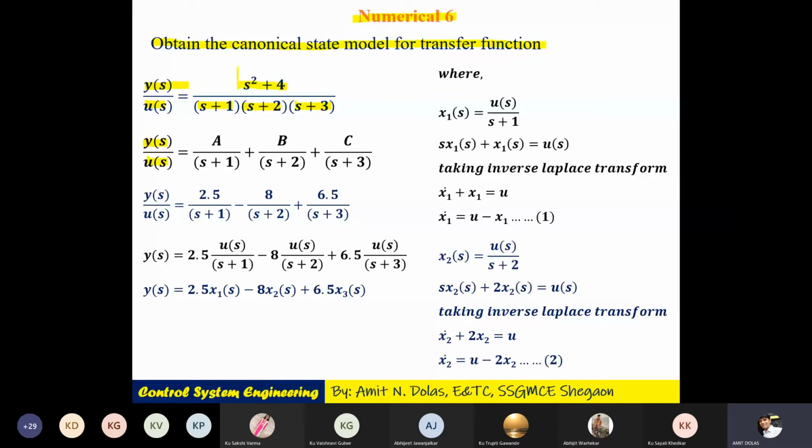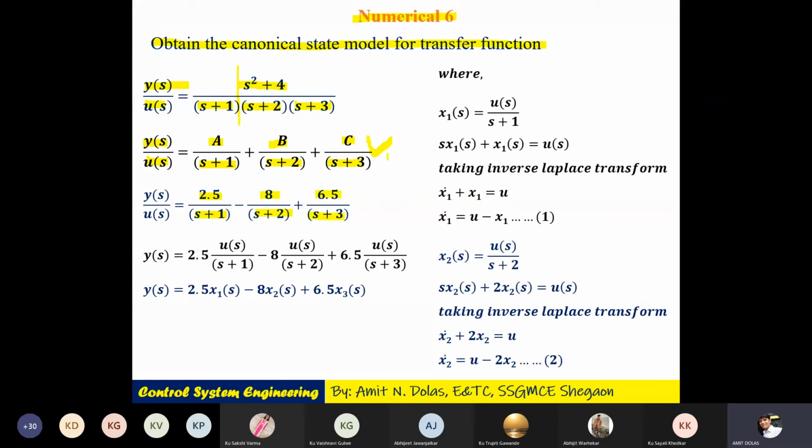Partial fraction says we divide the denominator like a by s plus 1 plus b by s plus 2 plus c by s plus 3. Now here, after solving this by partial fraction, you will get 2.5 by s plus 1 minus 8 by s plus 2 plus 6.5 by s plus 3.